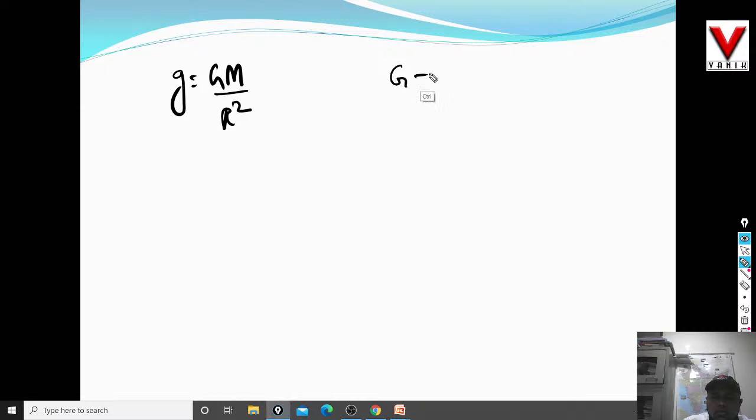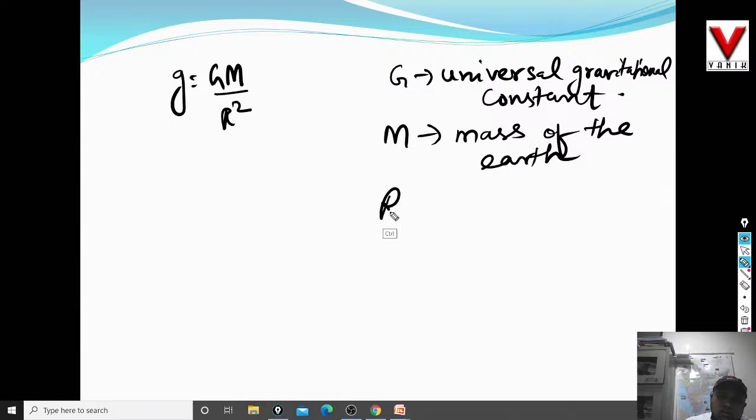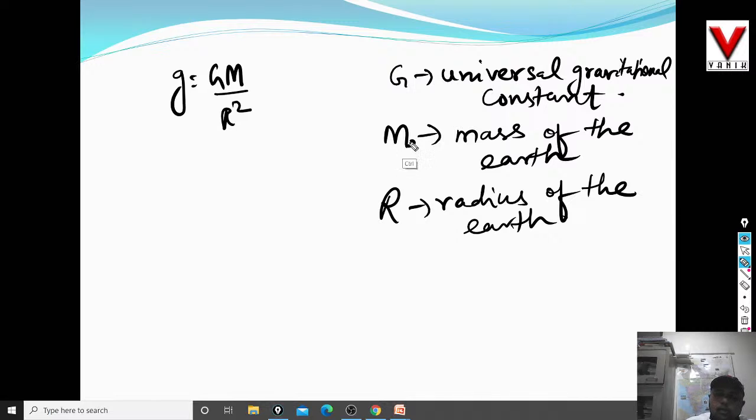Here G, as we all know, is the universal gravitational constant, M is the mass of the earth, and r is the radius of the earth.